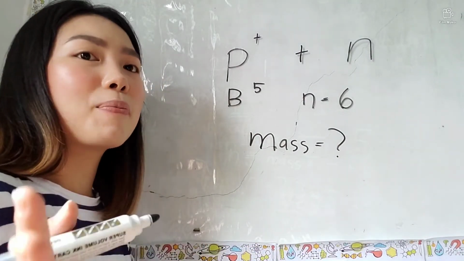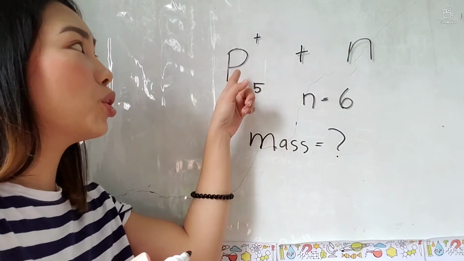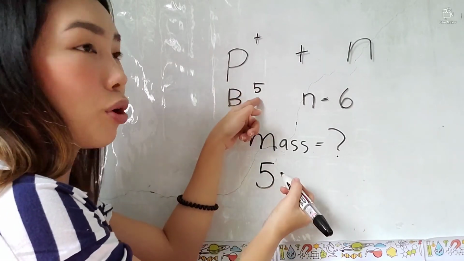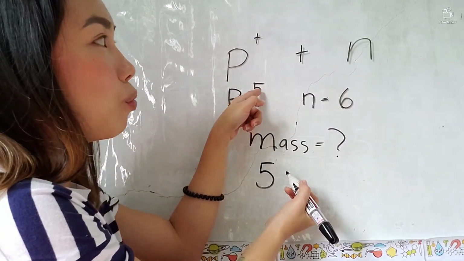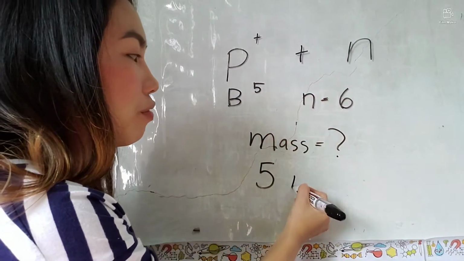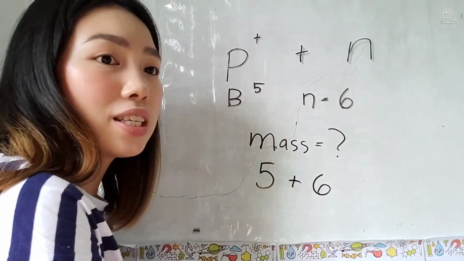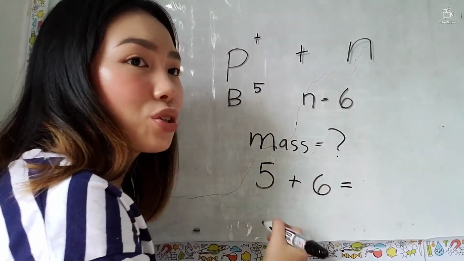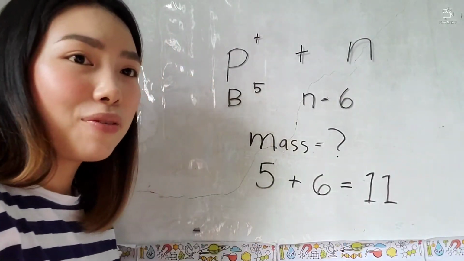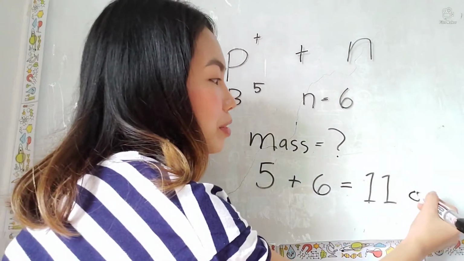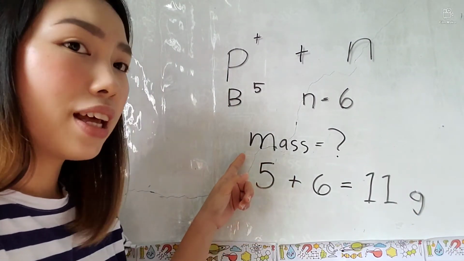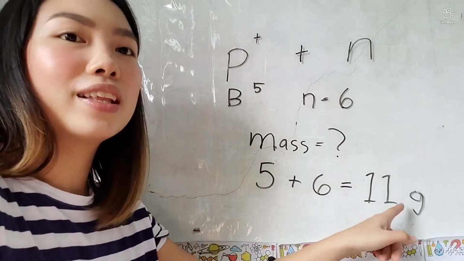To get the mass number, just add your proton, which is 5, from the atomic number, with the number of neutron, which is 6. So 5 plus 6 will give you an answer of 11 grams. So since mass ang tinatanong, then ang sagot natin will be 11 grams.